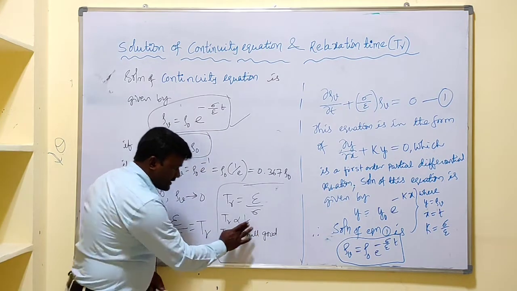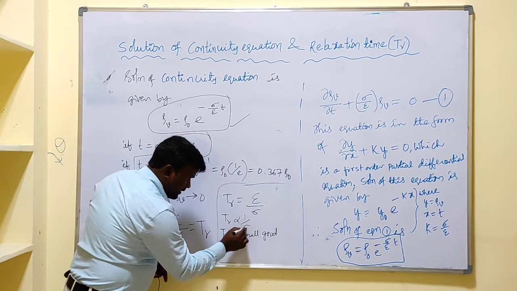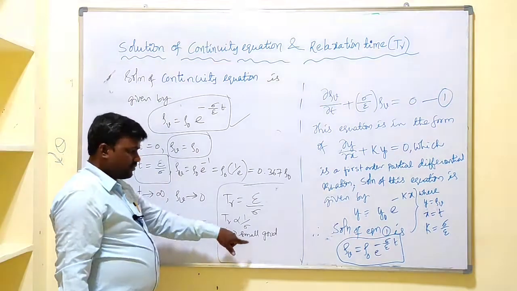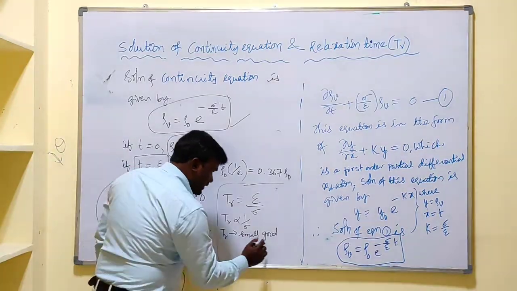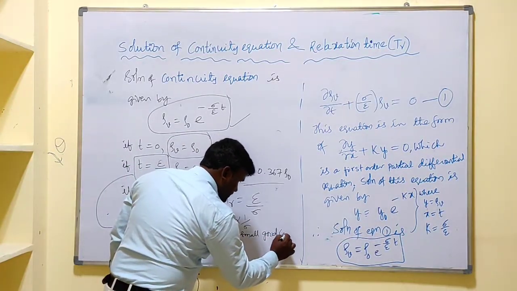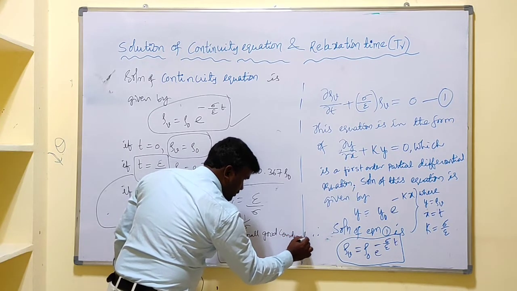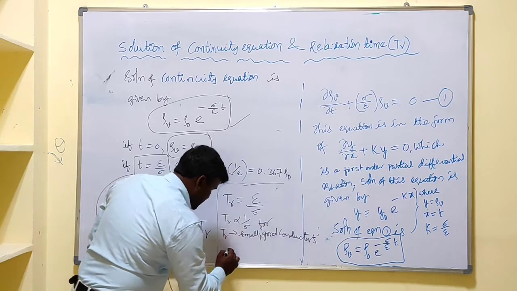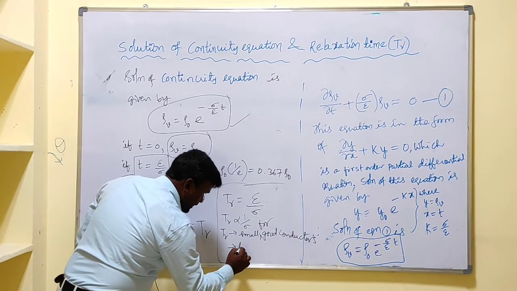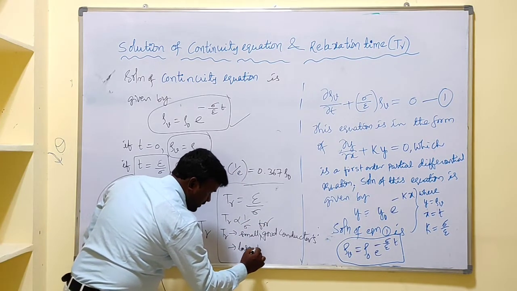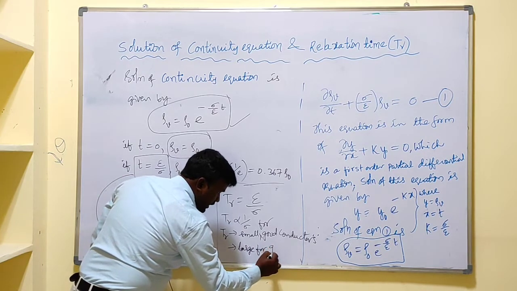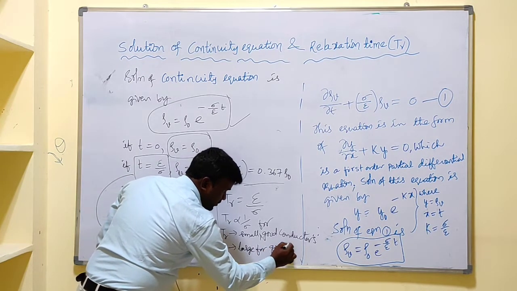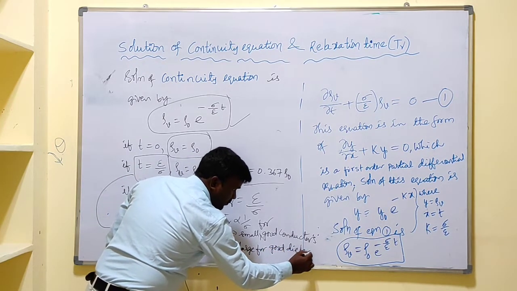For good conductors, conductivity is infinity, so TR is approximately 0. TR is small for good conductors, and it is large for good dielectrics.